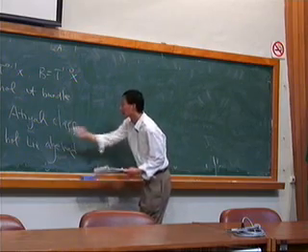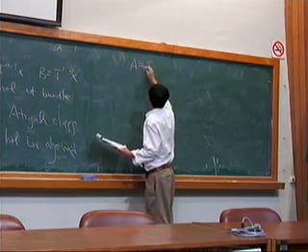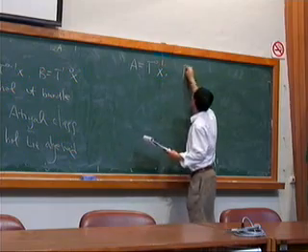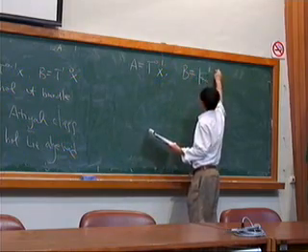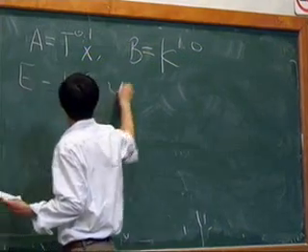Now, obviously, I take A to be T01 X, and B is K10, and E is again a holomorphic vector bundle.